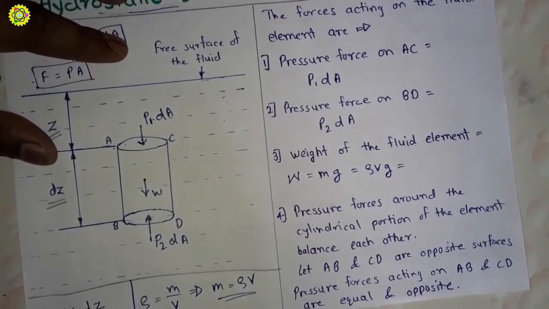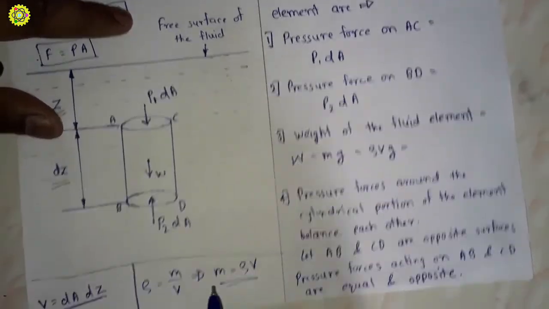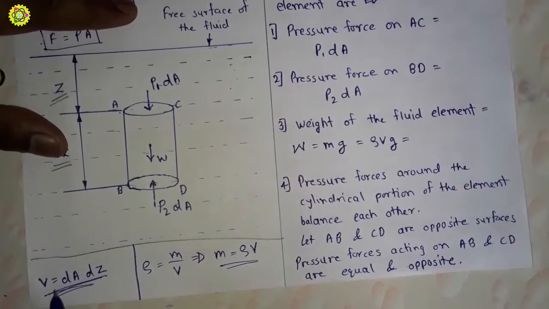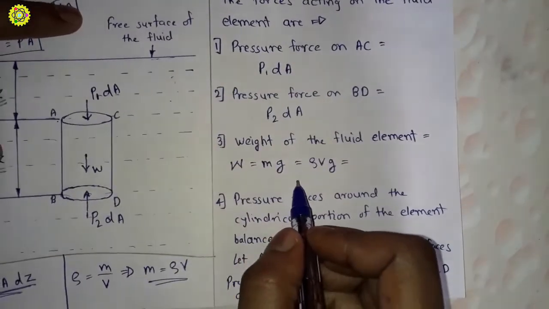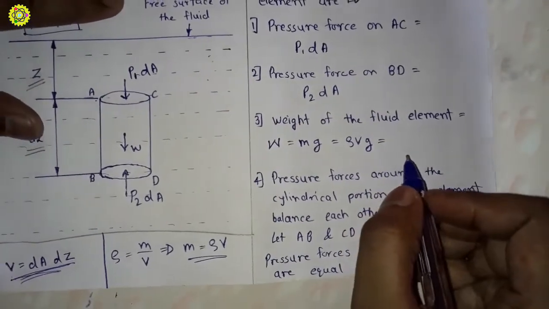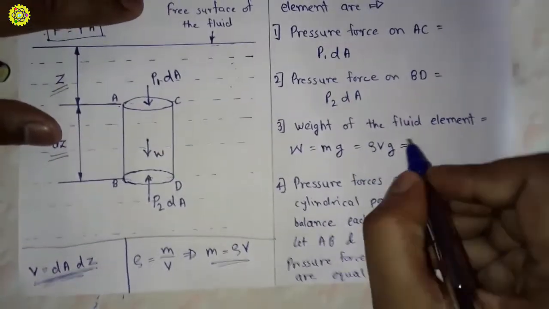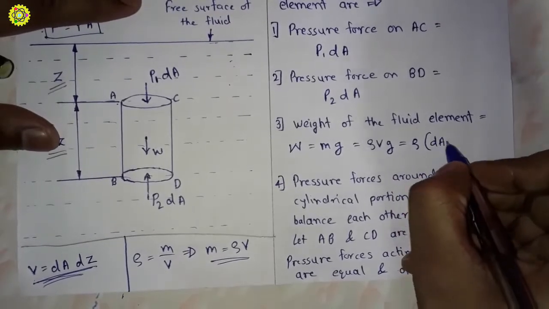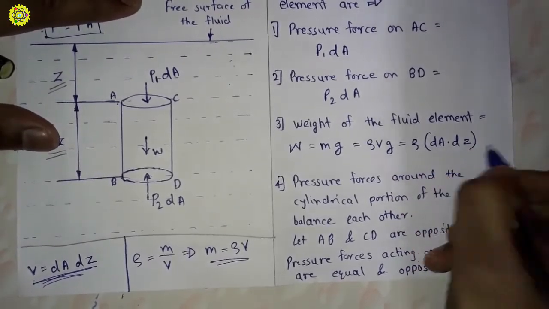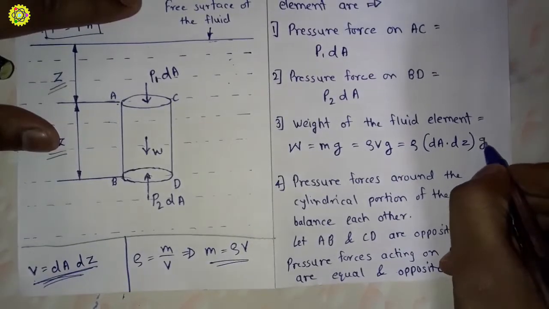So v is equal to dA into dz. Let's put v in this equation. So we have rho into dA into dz, into g.